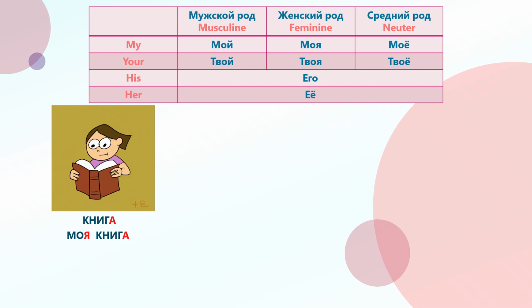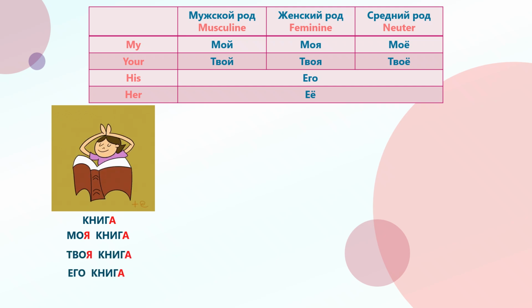Now we are focusing on possessive pronouns in Russian, specifically their singular forms. These pronouns indicate ownership or relationship between someone and a specific object or person. In Russian, possessive pronouns must agree in gender with the nouns they describe. That's why, for example, for the possessive pronoun my, we have three versions to use.